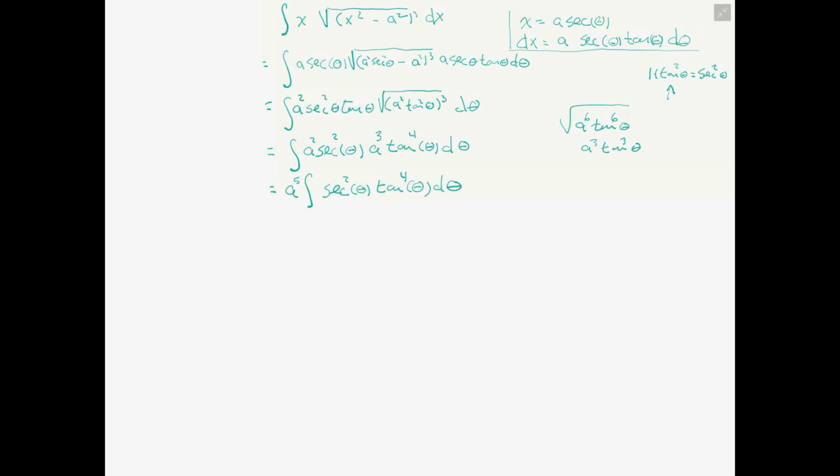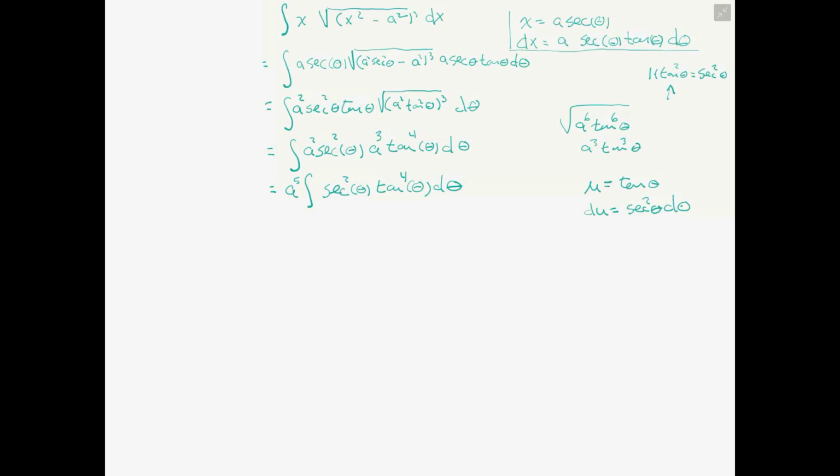Now, we can see how we've reduced this to a simpler problem now, because when we recognize we have u, if we use a u substitution, u equals tangent theta, then du equals secant squared theta d theta, and that's what we have.